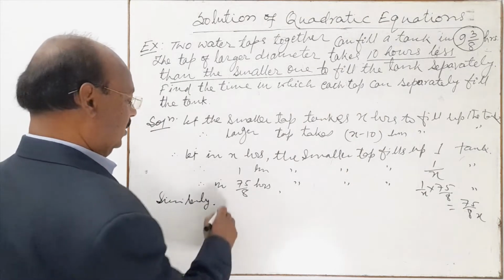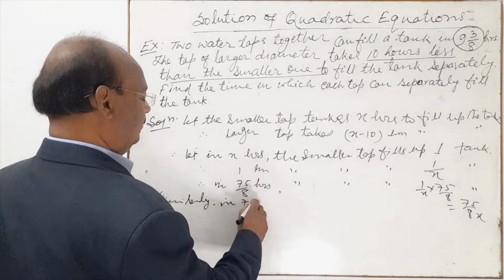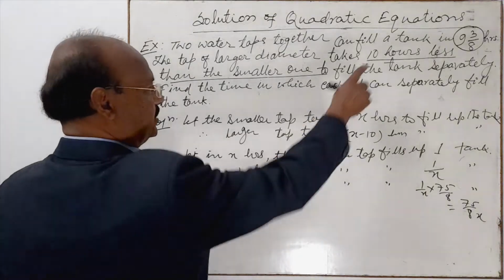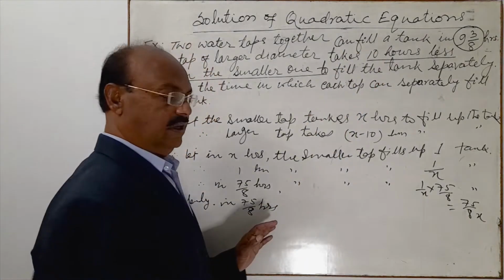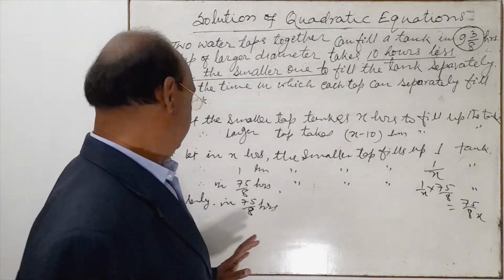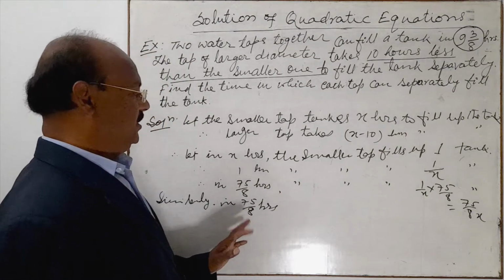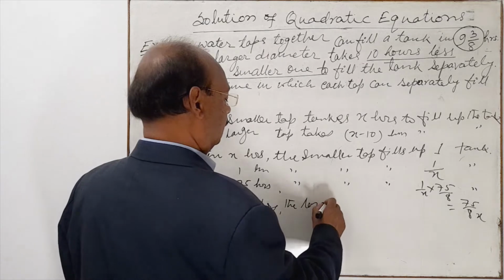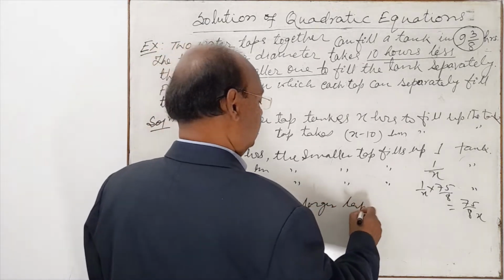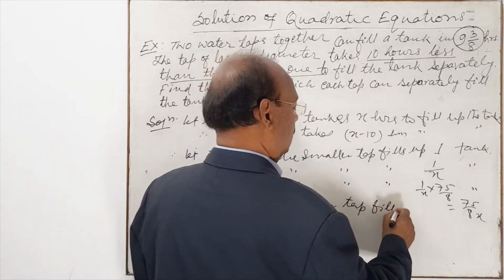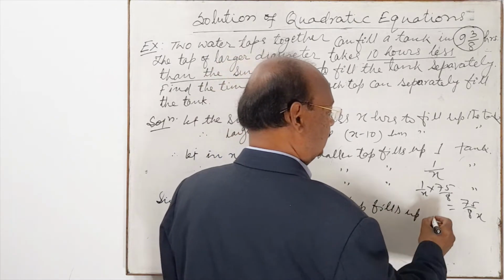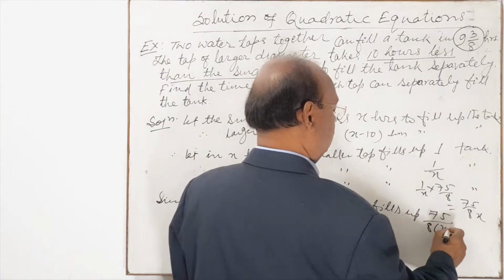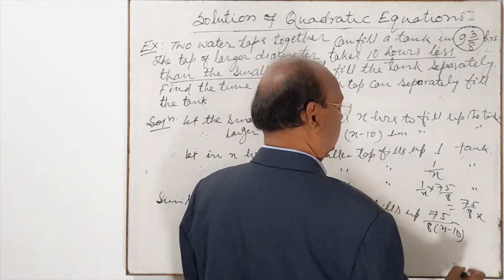that in 75 by 8 hours, because this much time is given here for working two taps simultaneously. So in 75 by 8 hours, the larger tap fills up how much? 75 by 8 into X minus 10 part of the tank.